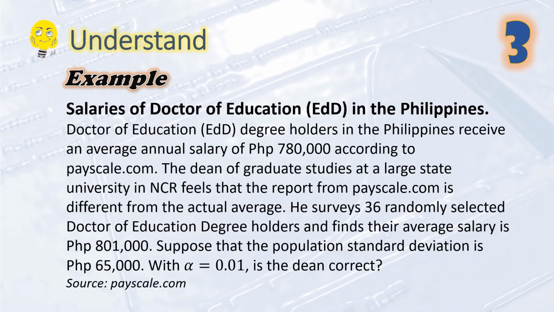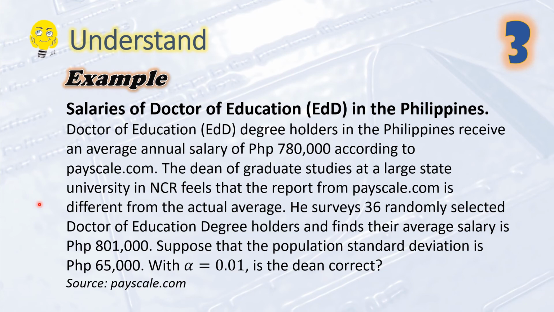Doctor of Education degree holders in the Philippines receive an average annual salary of 780,000 pesos according to payscale.com. The Dean of Graduate Studies at a large state university in the National Capital Region feels that the report from payscale.com is different from the actual average.